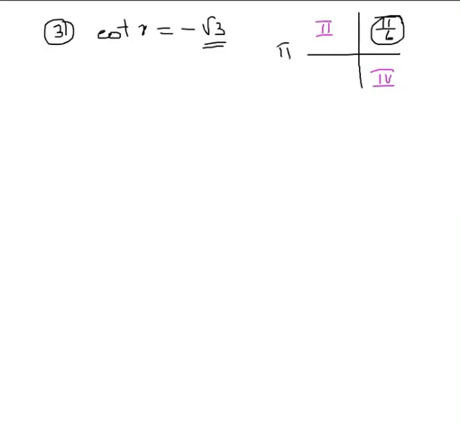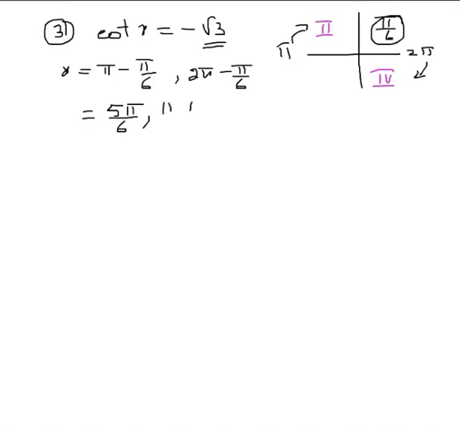But we need the second quadrant angle. The second quadrant angle is pi minus the base angle, and the fourth quadrant angle is 2 pi minus the base angle. Here it is 5 pi by 6 and here it is 11 pi by 6.